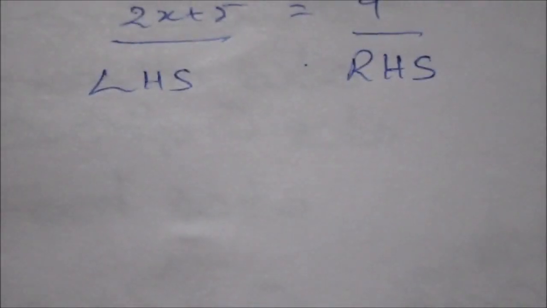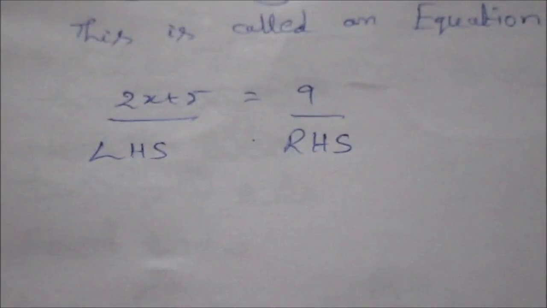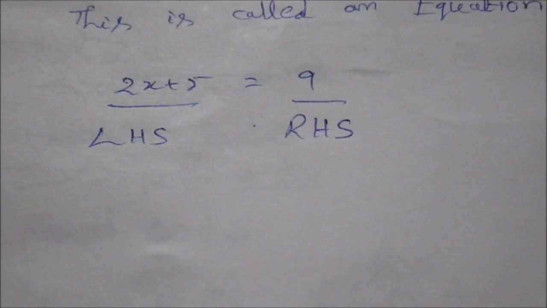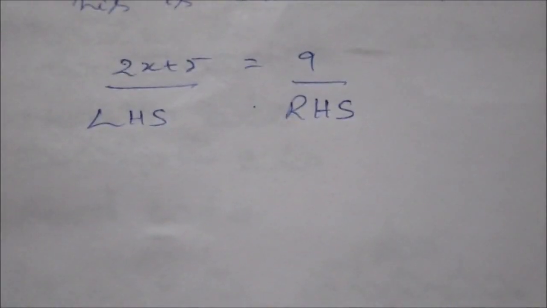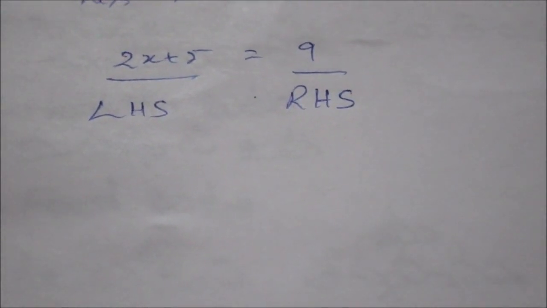That's why that value of x is called the solution of an equation. So equations are of different types: linear equations, quadratic equations, like that. Here we are going to learn about only linear equations.